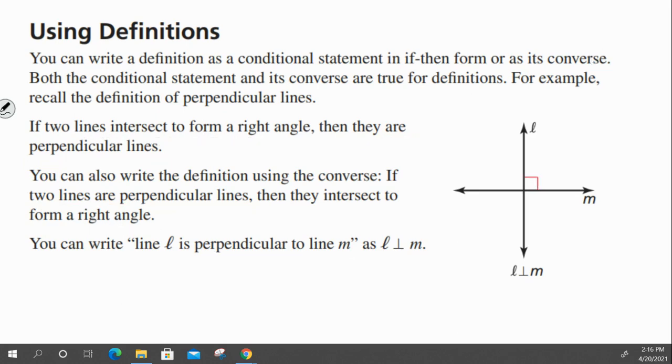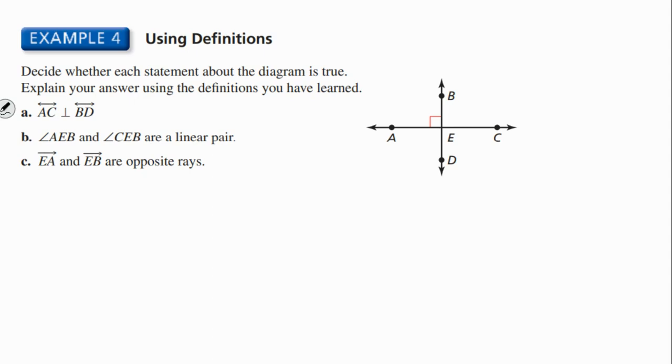Let's look at at least one example of this. We want to look at the statements listed for the figure on the right and decide whether each statement about the diagram is true, explaining using the definitions we have learned in the past. For A, it says that line AC is perpendicular to line BC.